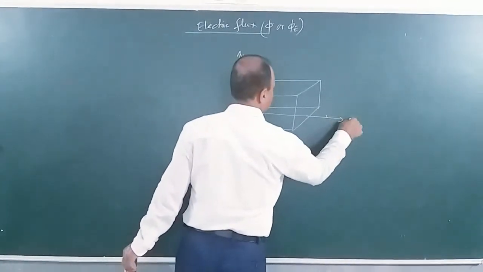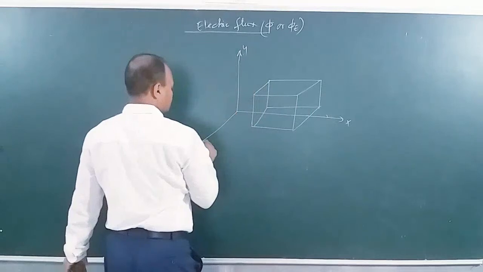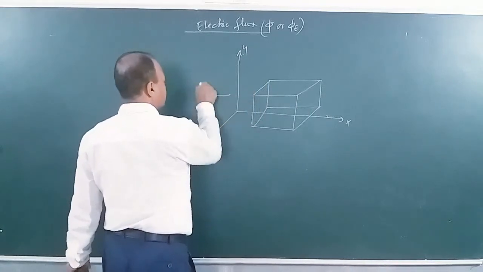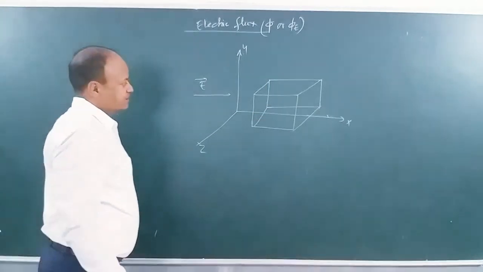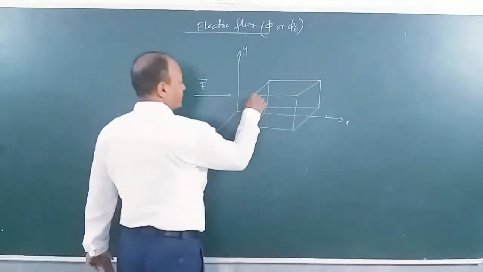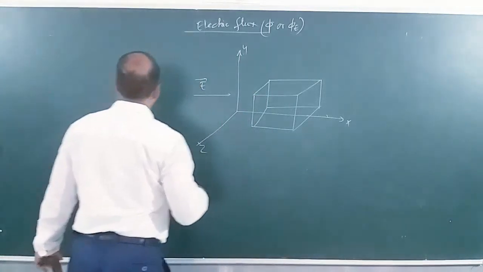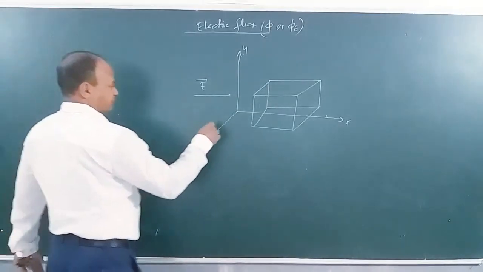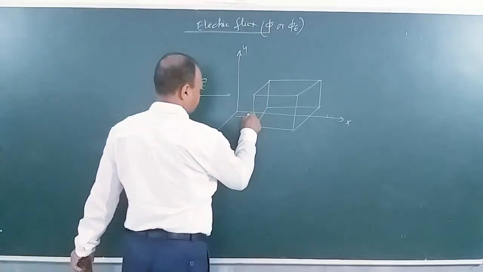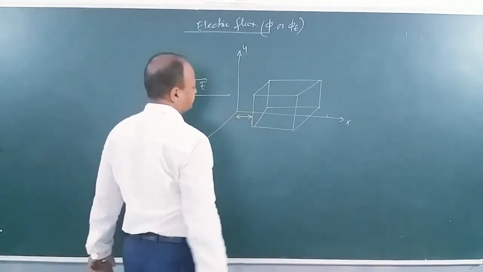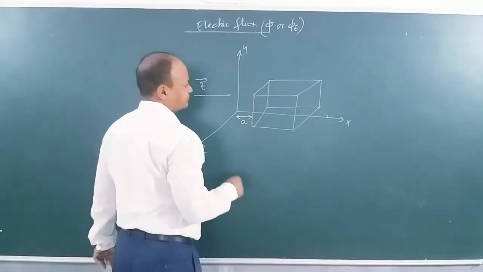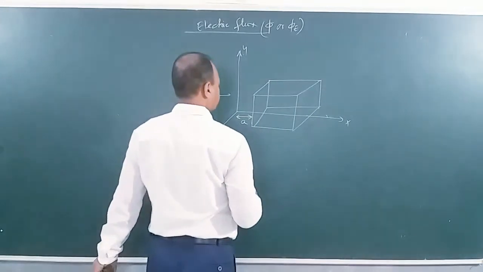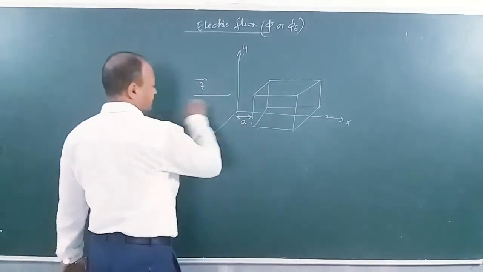This is the y axis, this is the z axis, and the electric field E is along the x axis. Suppose the nearest side is at distance a, and the electric field is variable.